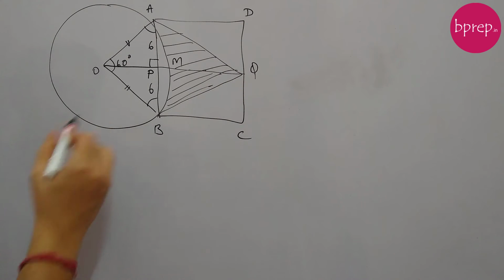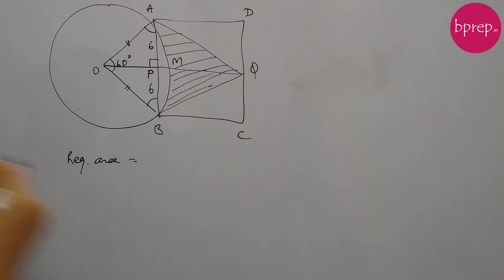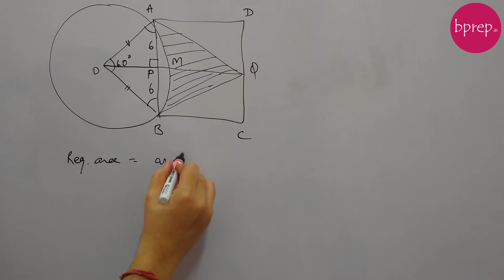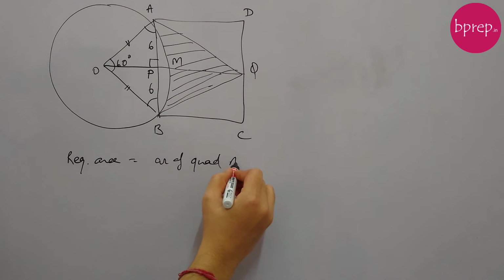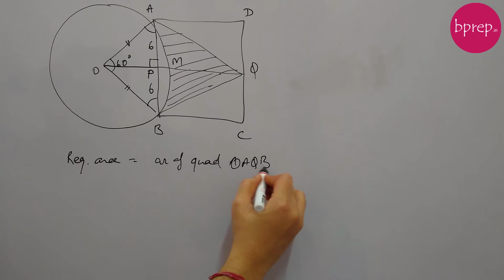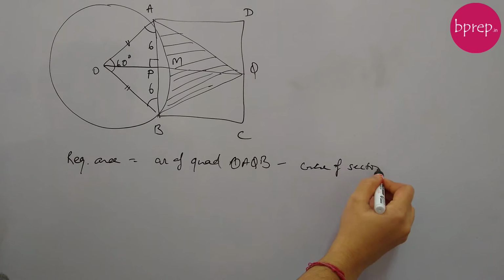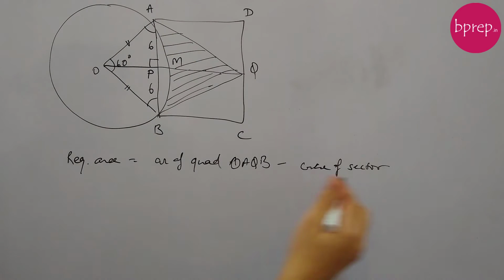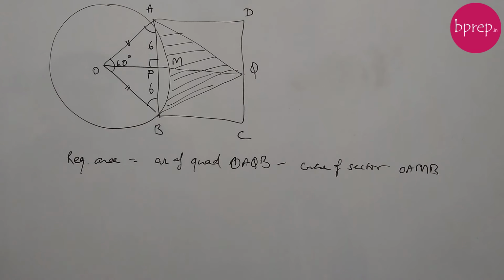So required area will be area of quadrilateral OAQB minus area of sector OAMB. This is the required area that we need.